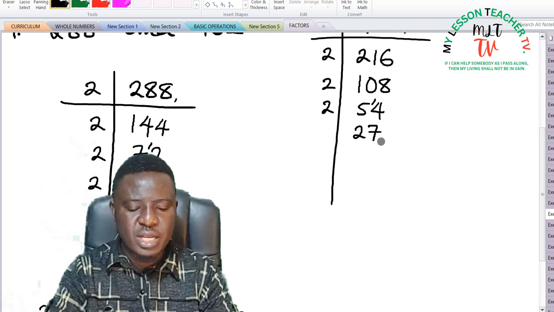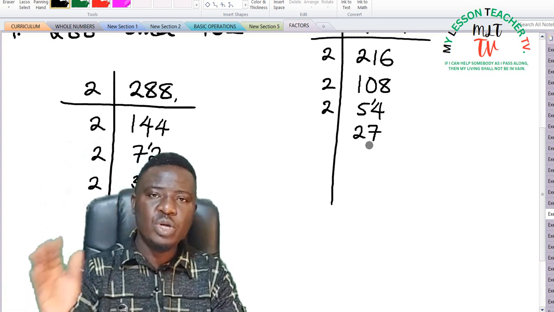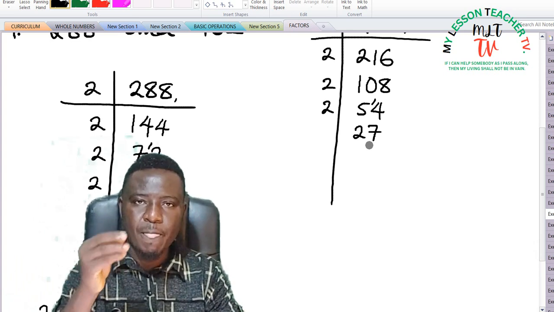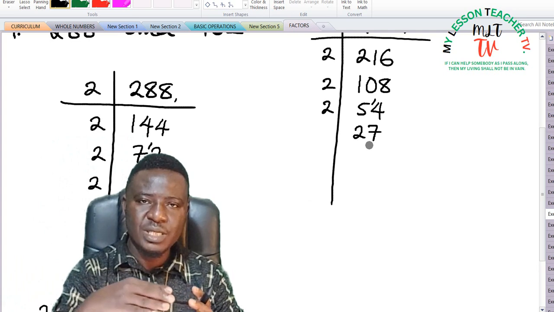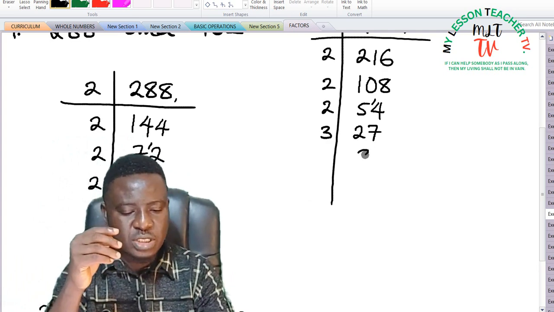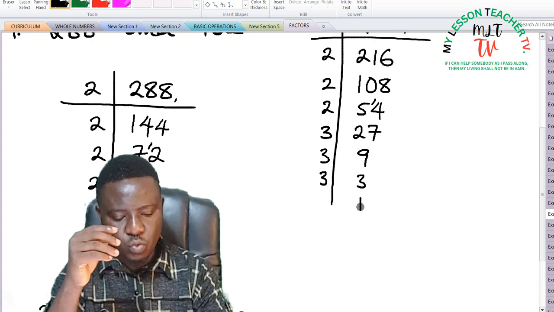So let's test for 3. Can 3 divide? 2 plus 7 is 9. And 9 is a multiple of 3, which is the condition for any number to be divisible by 3. That is, the sum of the digits in that number must be divisible by 3. So 3 can divide. 3 into 27 is 9. 3 into 9 is 3. 3 into itself is 1.